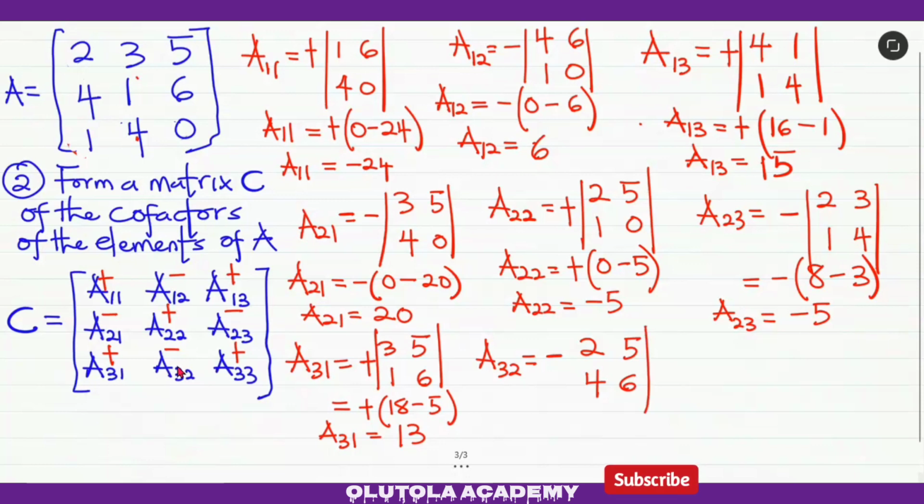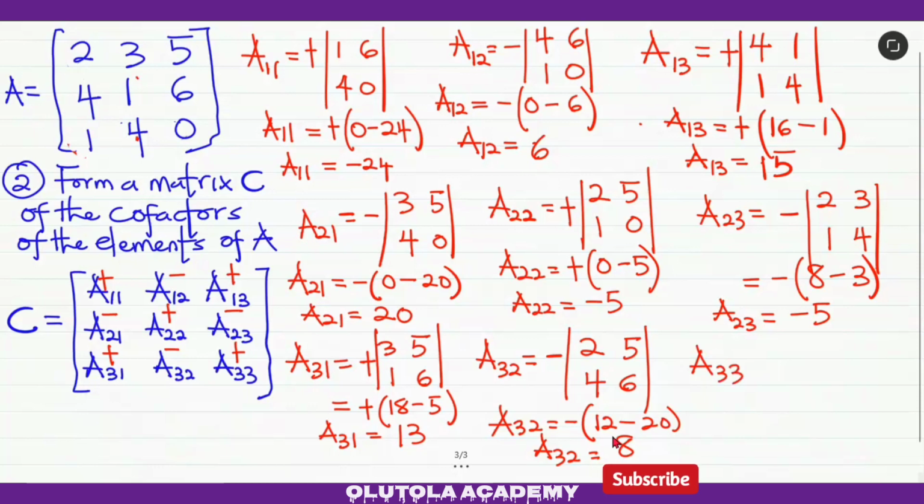So if I do that, I'm going to have A32 to be negative 12 minus 20. So 12 minus 20 will give us negative 8. Then negative times negative 8 will give us A32 to be positive 8.